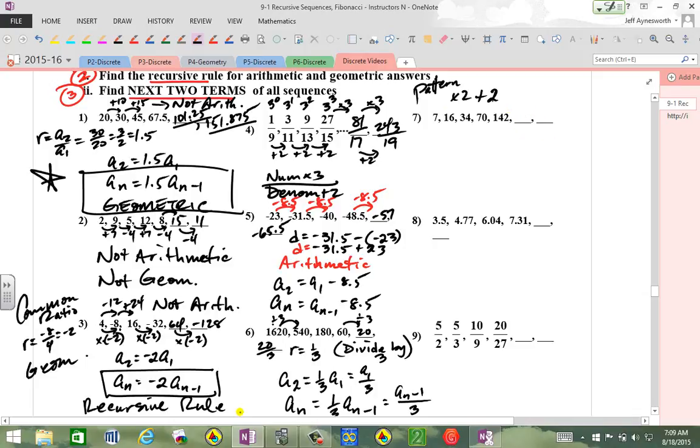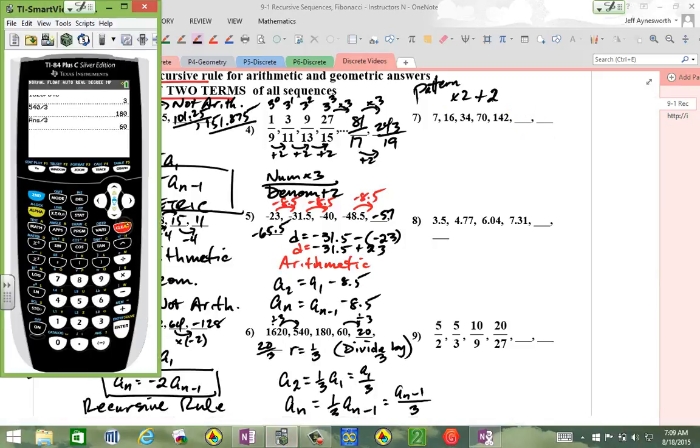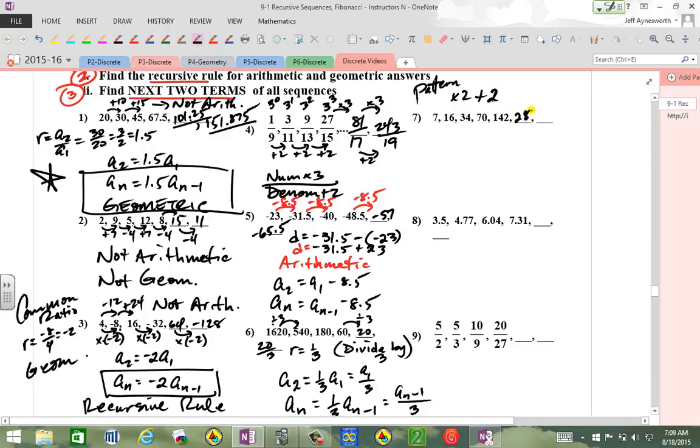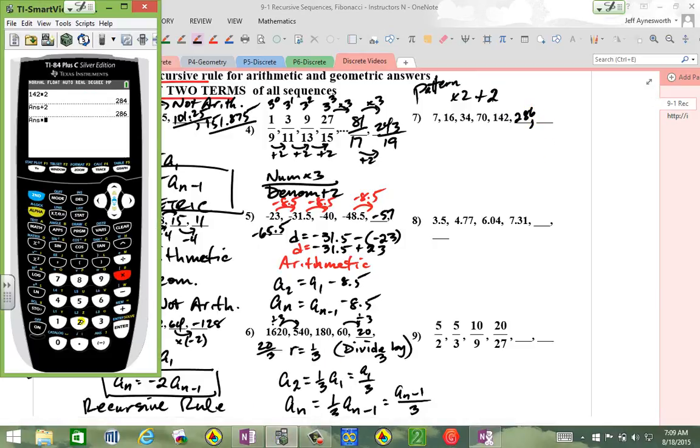So here we go. I'm going to enter in 142, my last term. So 142, I'm going to double it, so times 2, and then add 2. I get 286. So 286 here. And then I'm going to double it and add 2. So times 2 plus 2, 574.